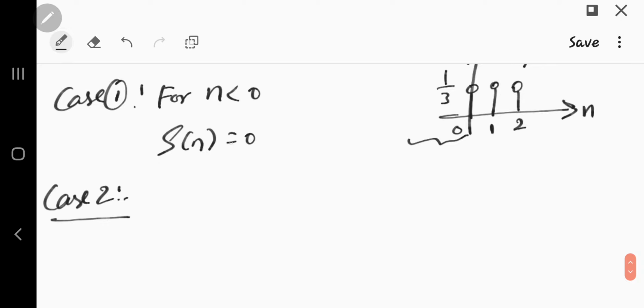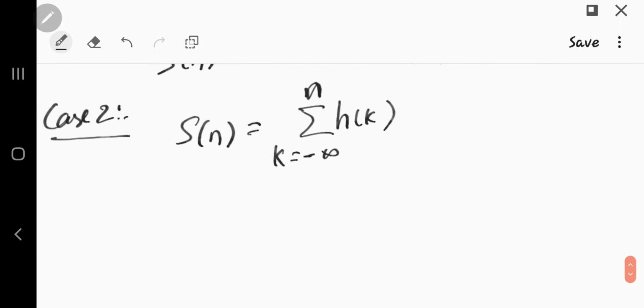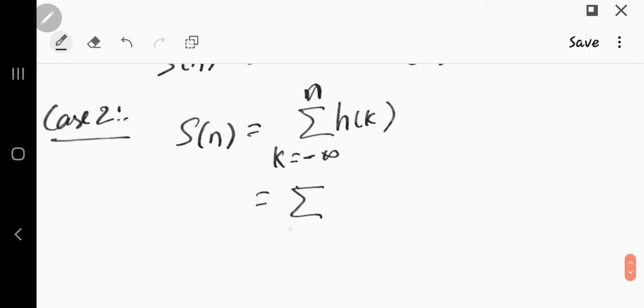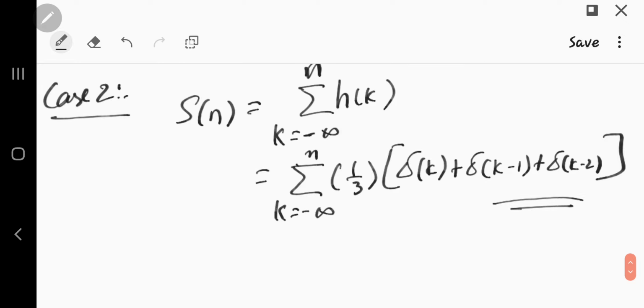So from the definition, s of n is equal to the summation, k varying from minus infinity to n, of h of k. So that gives the summation, k is equal to minus infinity to n, of 1 by 3 into delta k plus delta k minus 1 plus delta k minus 2. Okay.